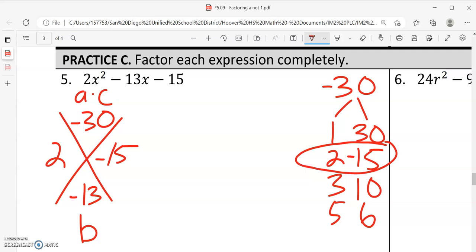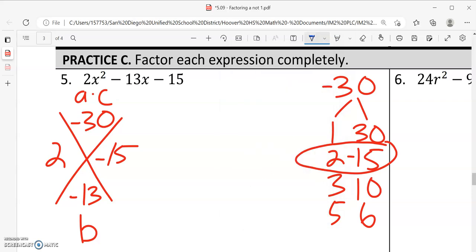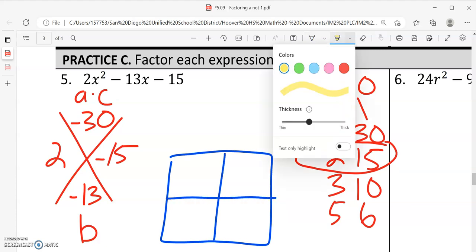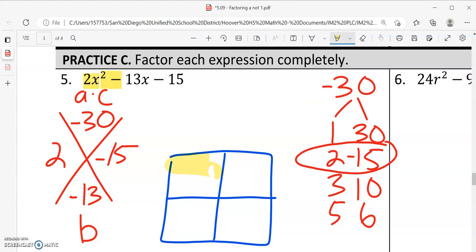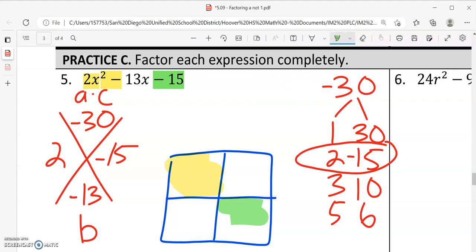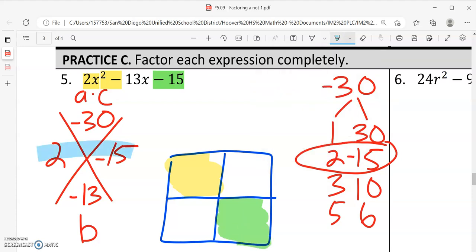Now we do a reverse box method. Because our a value is not 1, so we need to do the step. And once again, this term goes up here. Our c term goes in the bottom right. And these numbers that we just discovered go here and there.